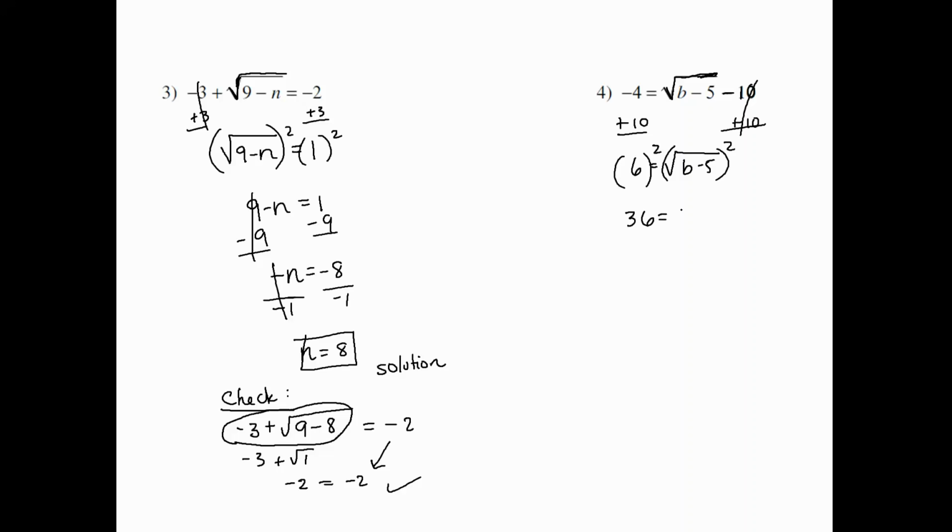We get 36 equals the inside. And since we're solving for b, we get that b equals 41. And the question is, is this a solution? Well, we need to check.